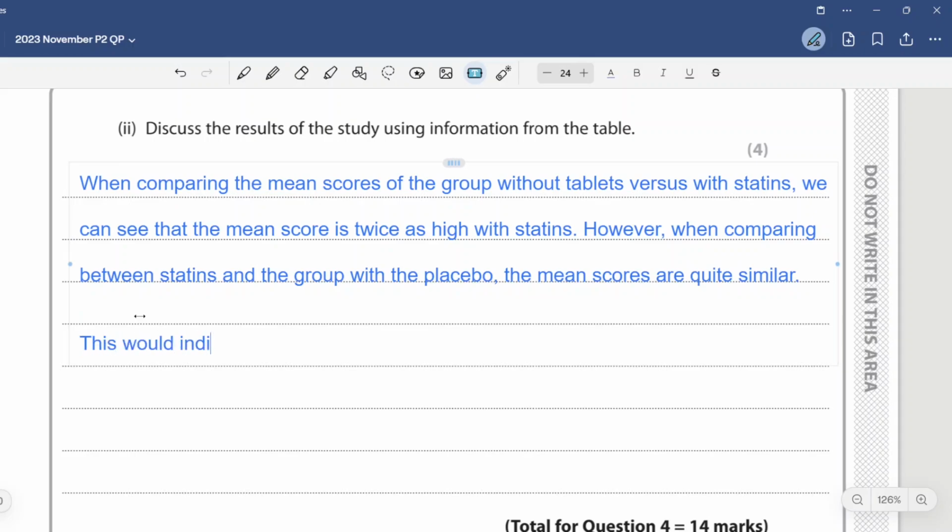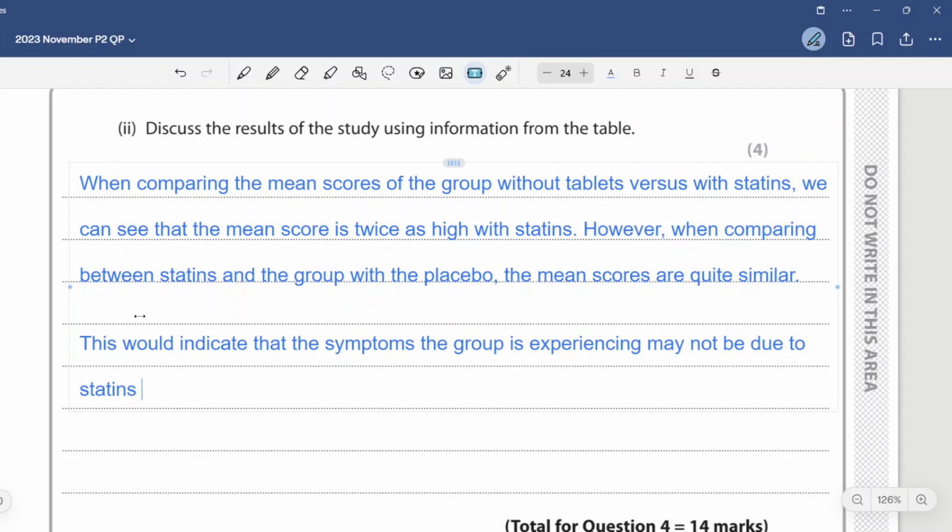This would indicate that the symptoms the group is experiencing may not be due to statins, but perhaps due to other factors like their diet or lifestyle.